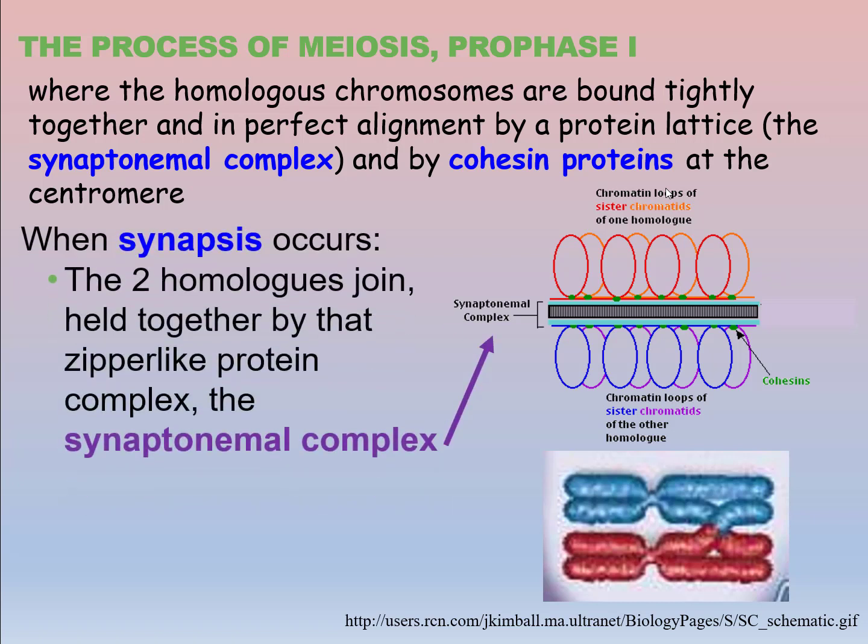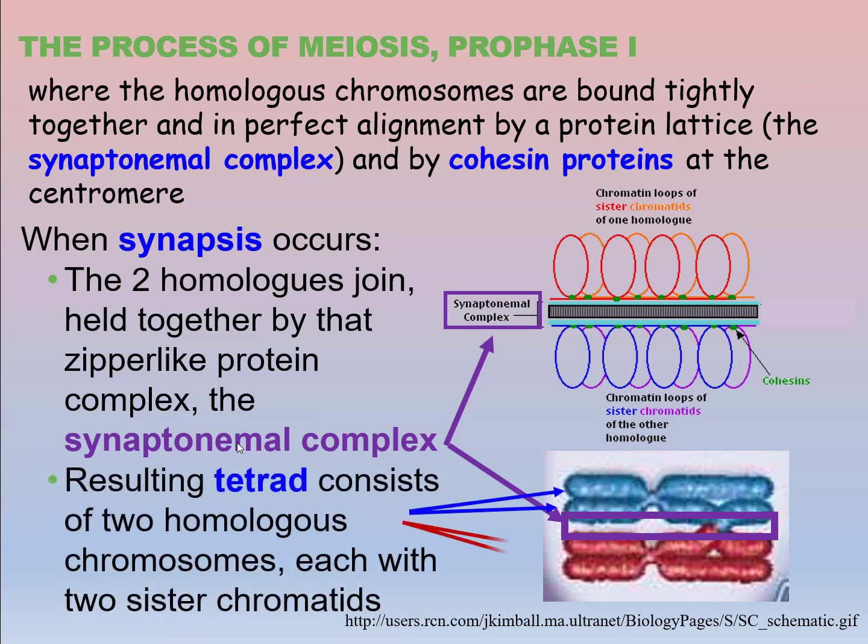So when synapsis occurs, the two homologs, this is one and this is the second, join up in that synaptonemal complex. And that tetrad now consists of the 2 homologous chromosomes, each having 2 sister chromatids.